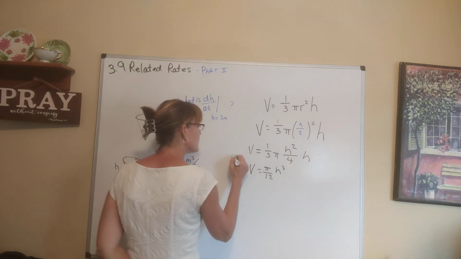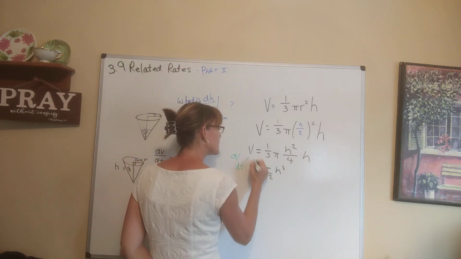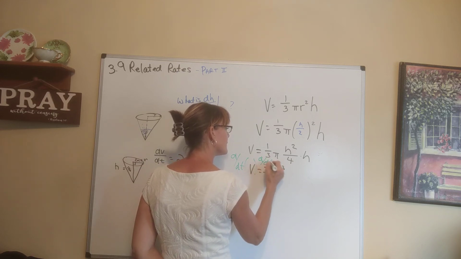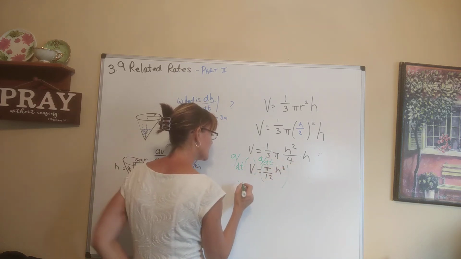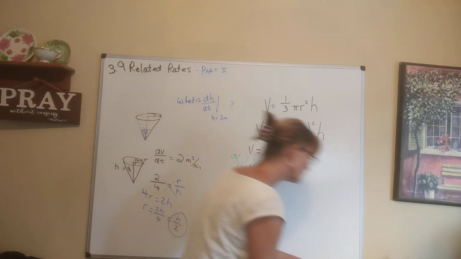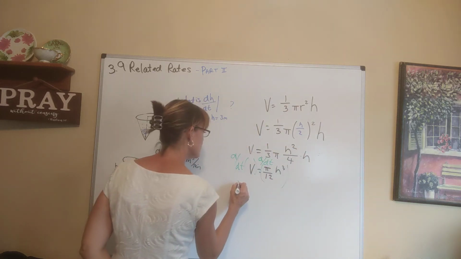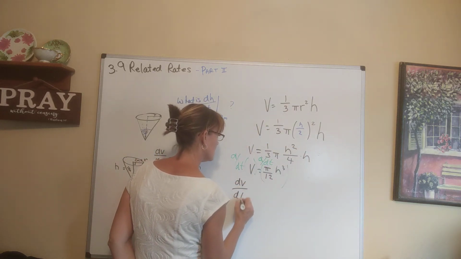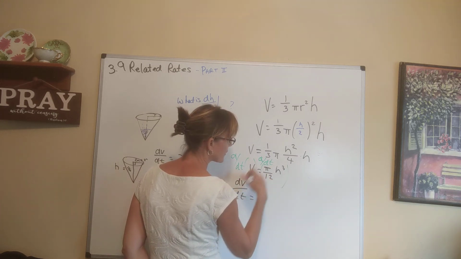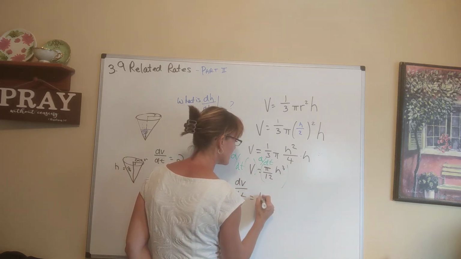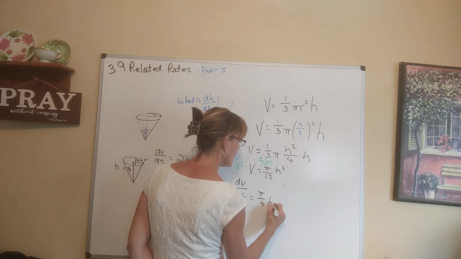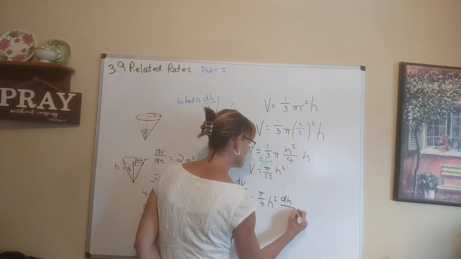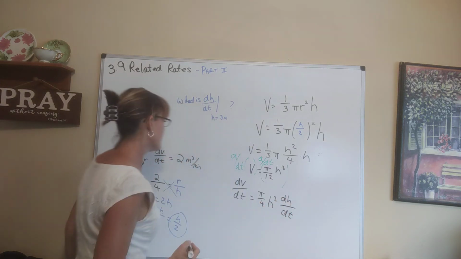Let's take the derivative with respect to time of both sides of this equation. Goes like this. This is going to be dV/dt is equal to, this is power rule, 3 comes in front, so it's going to be pi over 4 h squared times dh/dt. Let's see, what do we know?